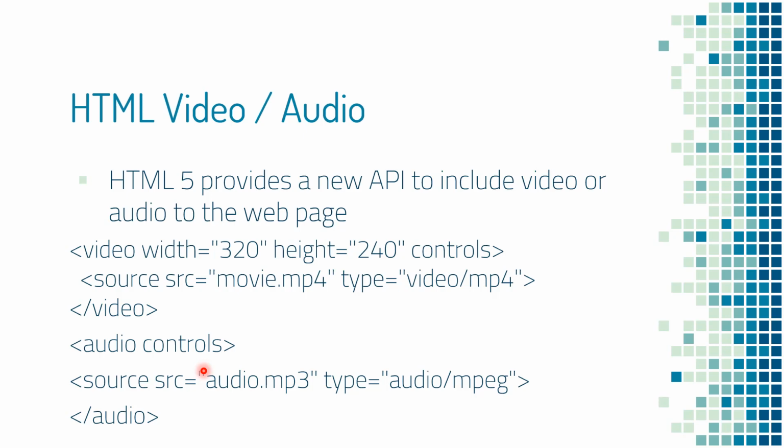Last but not least is video or audio, in other words, multimedia. HTML5 provides a new API to include video or audio in your web page. Back in the day, it was really tough to include a video or audio in your web pages, but with HTML5, it's really super easy.